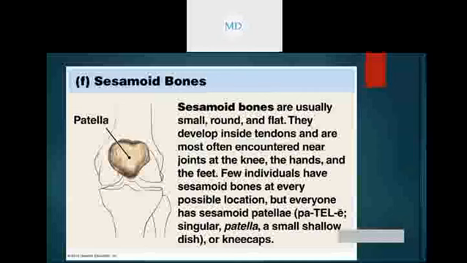Yes, ma'am. So sesamoid bones are like that only. It's like a knot. It's not exactly a knot, but I'm just saying it for you to understand it more clearly. This is somewhat a connection of bones.